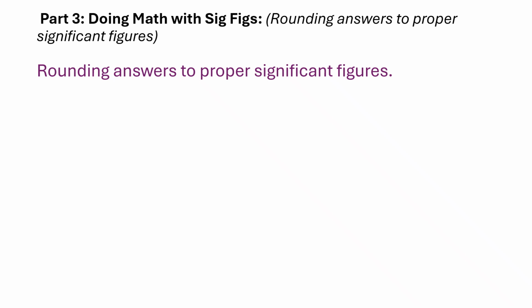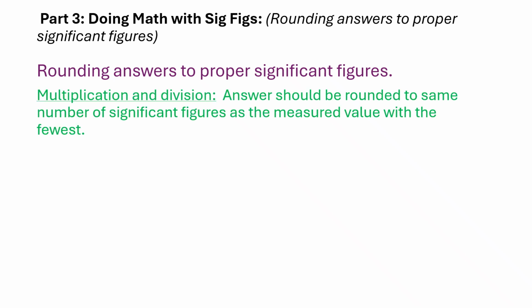All right. So the first rule is going to be for multiplication and division. With multiplication and division, the rule says the answer should be rounded to the same number of significant figures as the measured value with the fewest. And don't get confused by measured value.